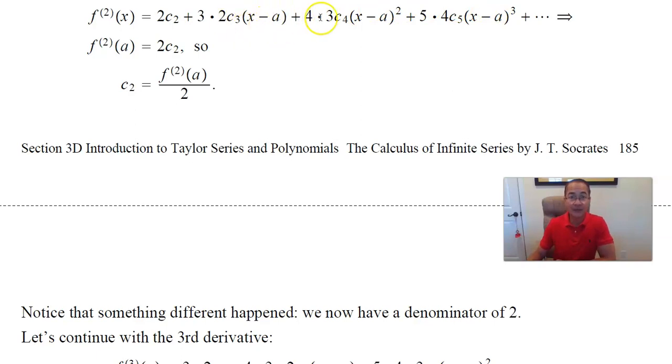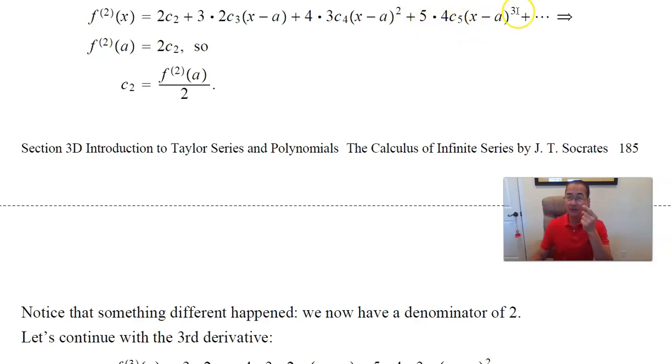3 times 2, we're going to get 4 times 3 times 2, and then power 1. 5 times 4 times 3, and then that becomes 2. Sounds familiar? 3 times 2 times 1. 4 times 3 times 2 times 1. 5 times 4 times 3 times 2 times 1. Those are the factorials. Aha. So the factorials, remember this term started as x minus a to the power 5.